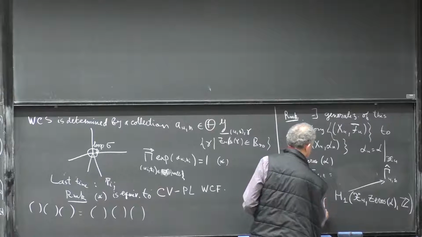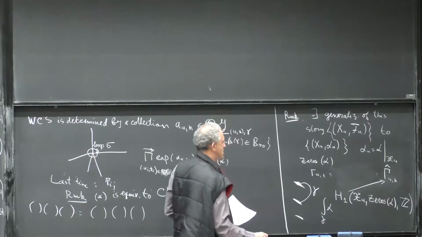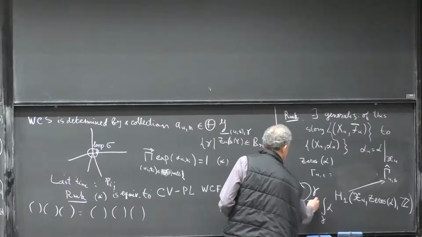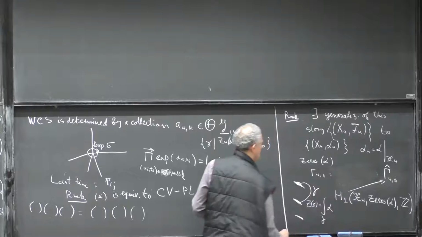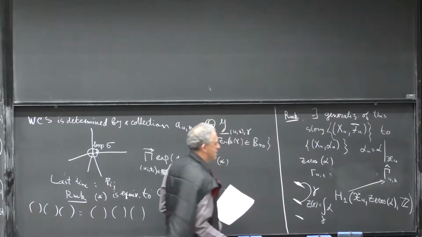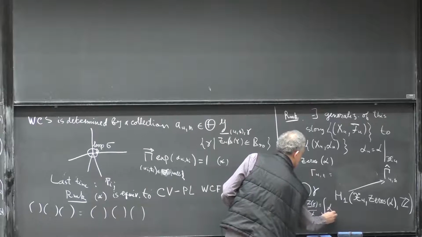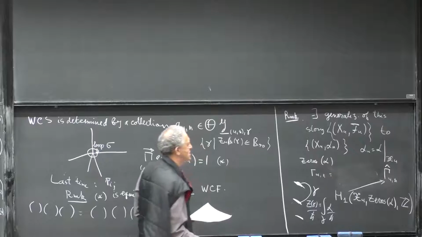So if I have such a path, I can integrate the one form, and this gives a central charge. And again, I can rescale everything by a complex number, if I like.